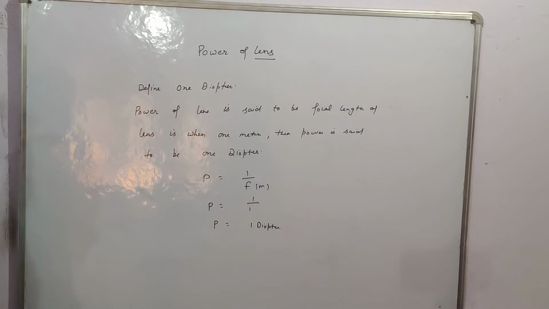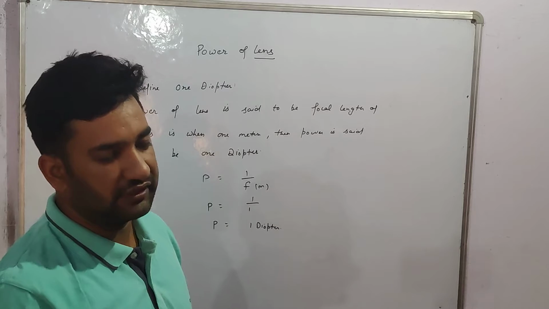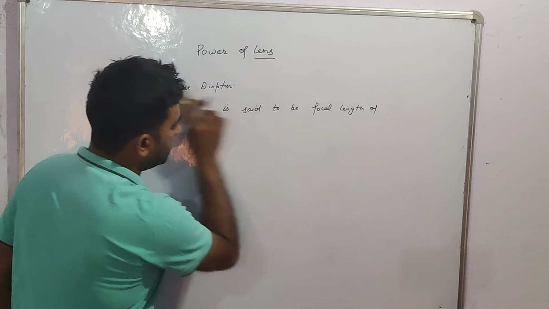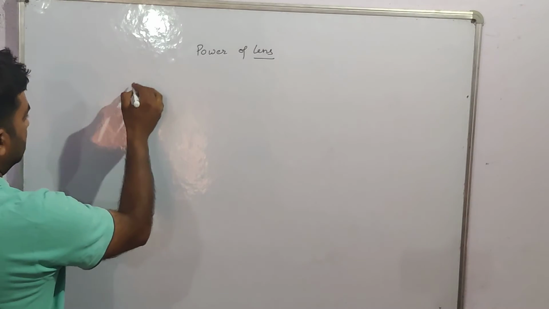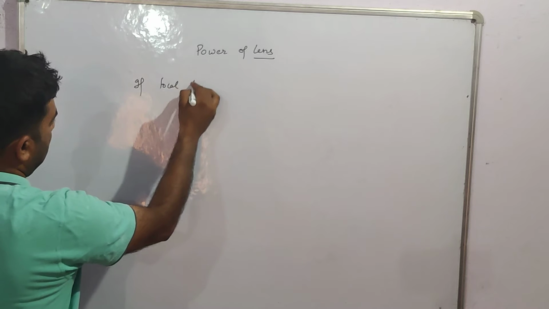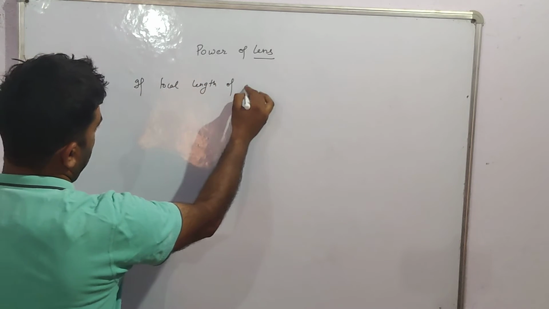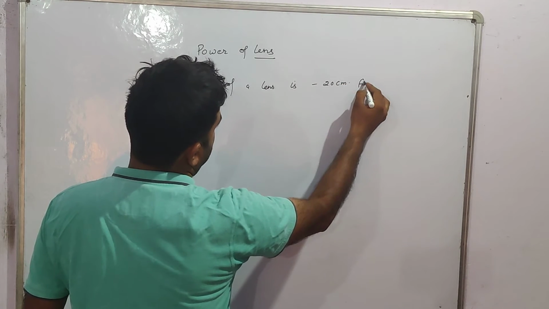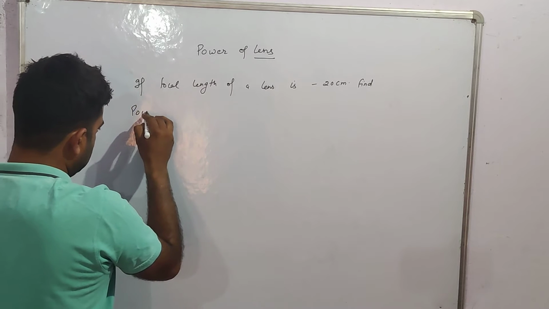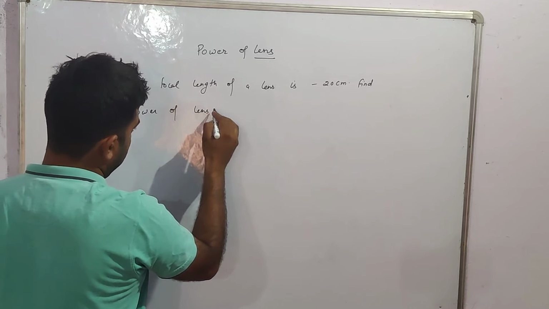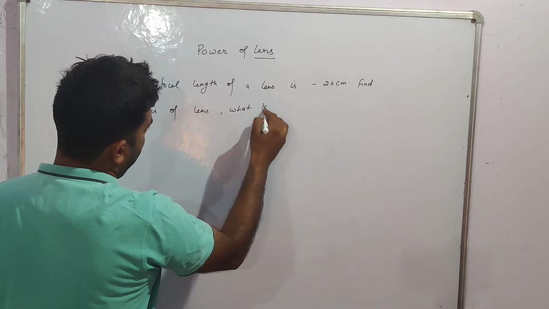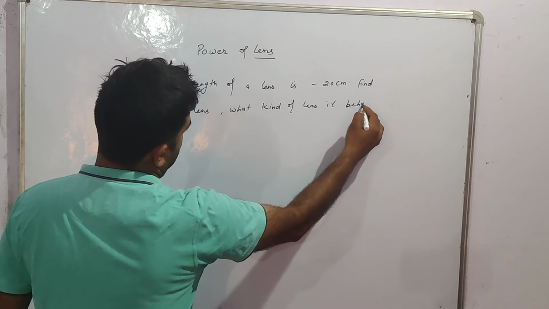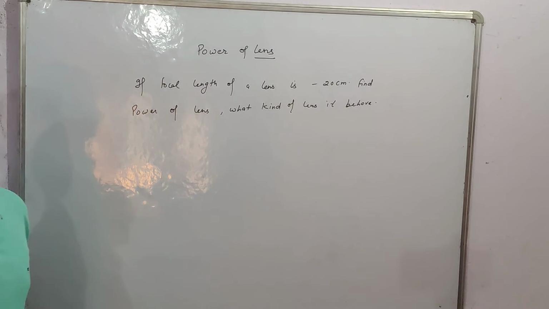It will be positive or negative, depending upon the nature of the lens, either convex or concave. So if focal length of a lens is minus 20 centimeter, find power of lens, and what kind of lens does it behave as?